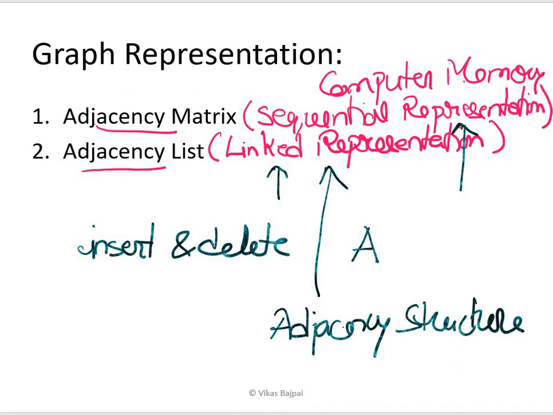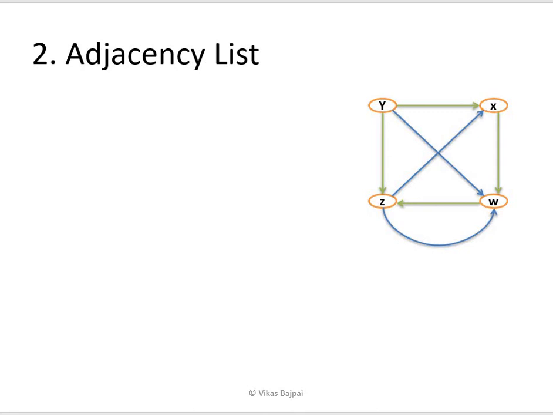So if you go ahead with this, deletion and reordering will not be a major issue. Now let's quickly see how this particular adjacency list is made. For the same graph, we are going to draw the adjacency list now.